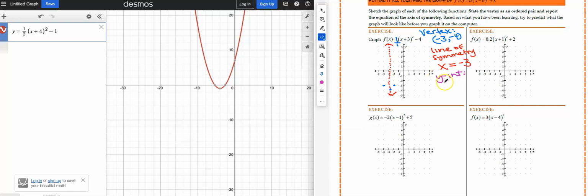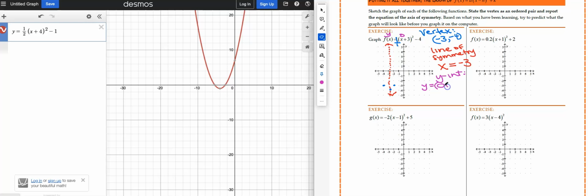So for the y-intercept, we're going to let x be 0. So I'm going to put 0 in place of x, and then figure out what y is. All right, so if I do that, I'm going to change f of x, which is the same thing as y. So I'm going to change this to y equals (0 plus 3) squared, and then minus 4. Remember, I'm putting 0 in place of that x.